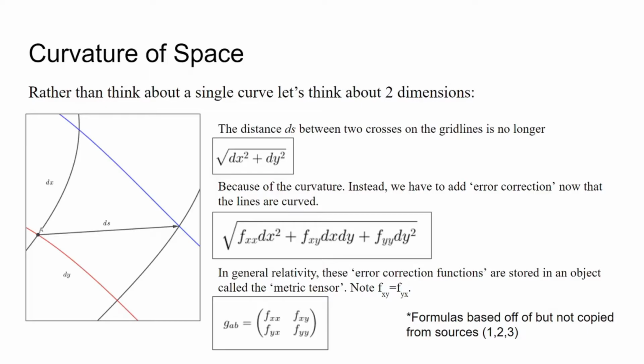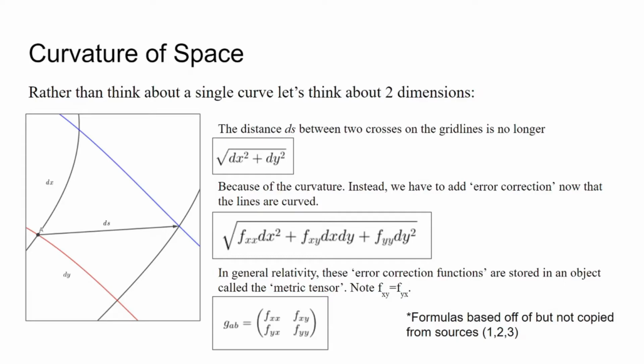And the way to do it is to conceptualize space as being about relative curves. So in the graph on the left, the grid lines being dx and dy, red and blue, and then the black grid lines, those are curves from another reference frame. So while maybe in that reference frame, the distance is defined normally, from a different reference frame, we have to add error correction functions in this second expression.